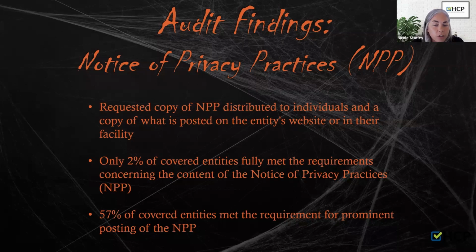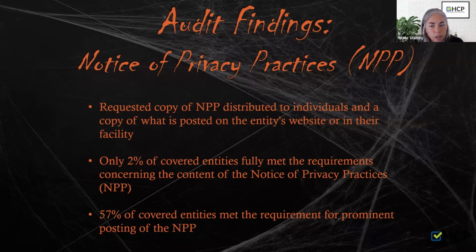All right, so another chilling tale. The audit began, documents were requested, and failures were uncovered. The results showed a spooky truth that a document as common as the Notice of Privacy Practices may not be meeting HIPAA requirements for a large majority of covered entities. In fact, only 2% of covered entities fully met the requirements concerning content of the Notice of Privacy Practices.